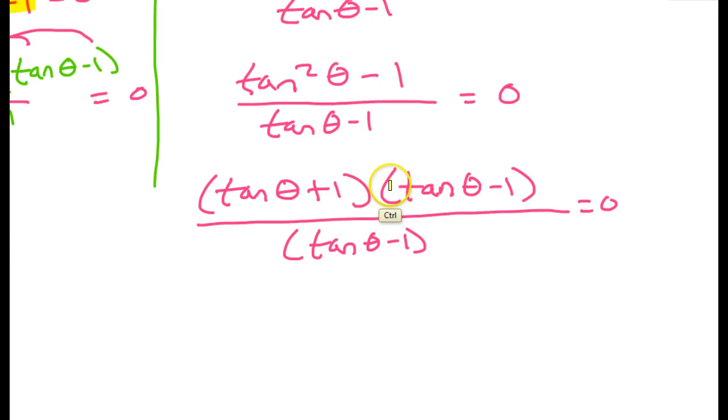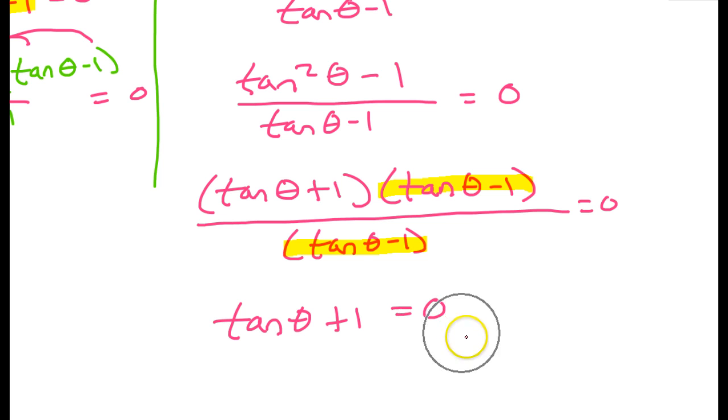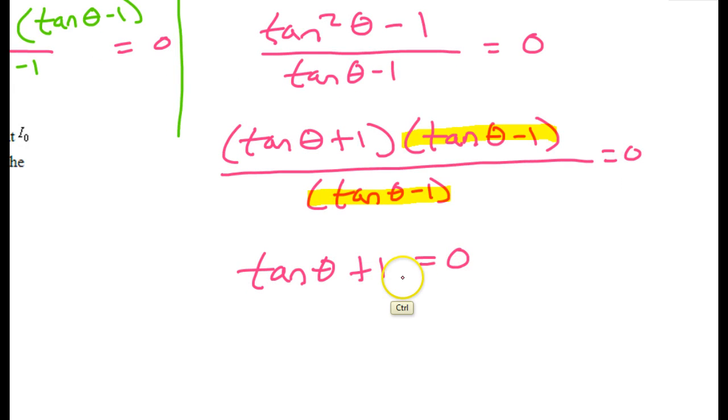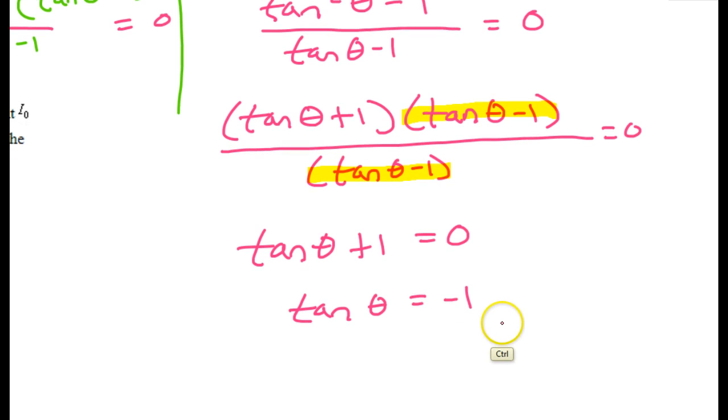Well, we have the same thing in the numerator and the denominator. So these are going to cancel each other out. Those are gone now. So that's going to leave us with tangent theta plus 1 is equal to 0. And then subtracting 1 from both sides, that will give us tangent theta is equal to negative 1.